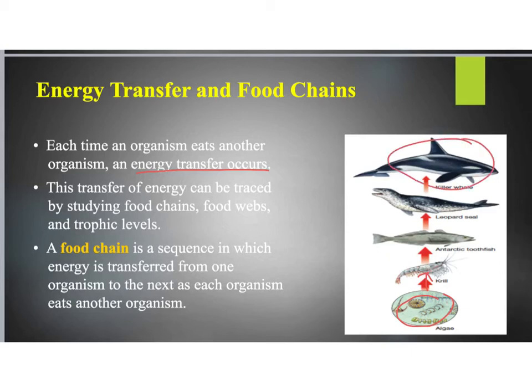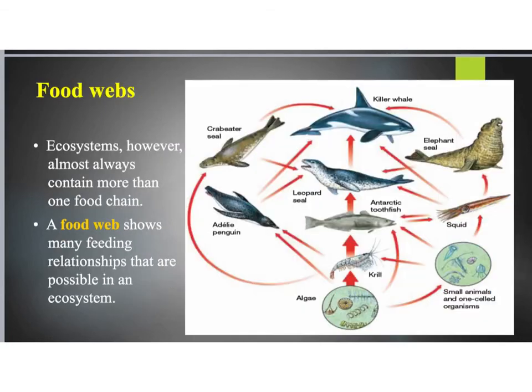This would be the top consumer here in this food chain, or the tertiary consumer. And you can see energy is starting here because algae is a producer. Just about all food chains and all these systems begin with that producer. They make their own food, and then it's eaten by the other organisms in the ecosystem.